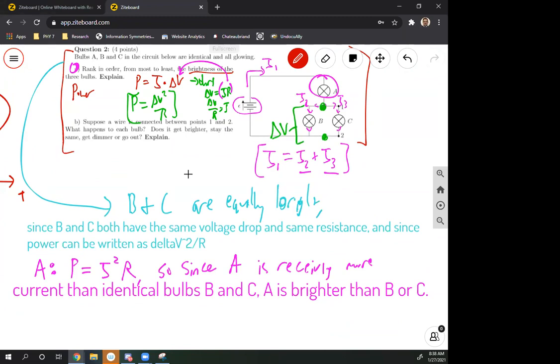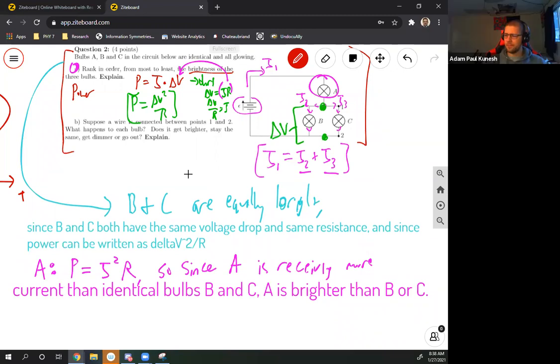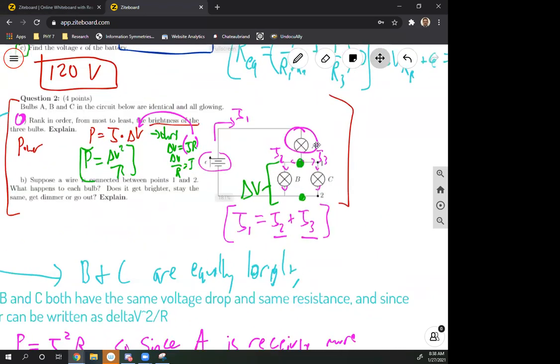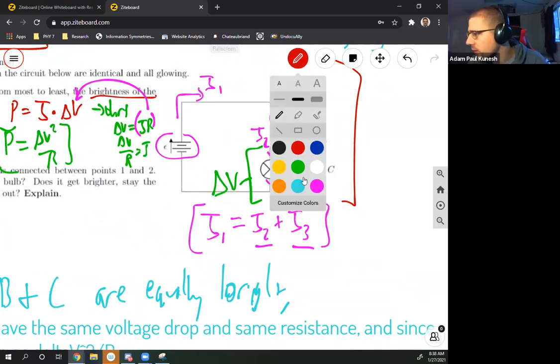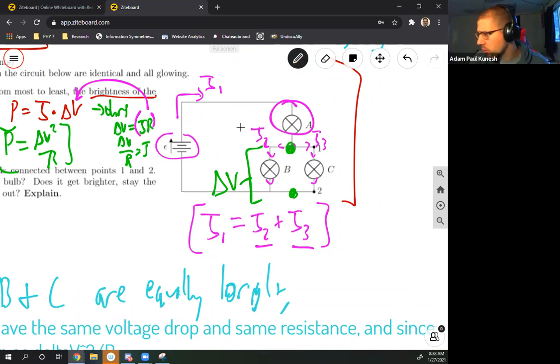If light bulb A was after B and C, would it still have a higher power? Yeah, good. Say that I connected this section by a wire instead, and then I moved the A bulb over here.